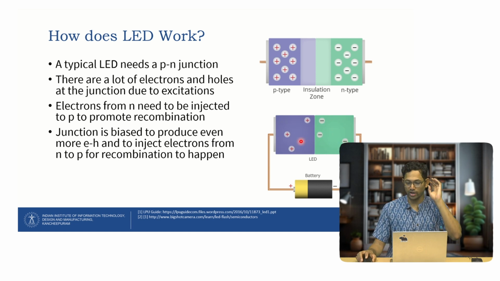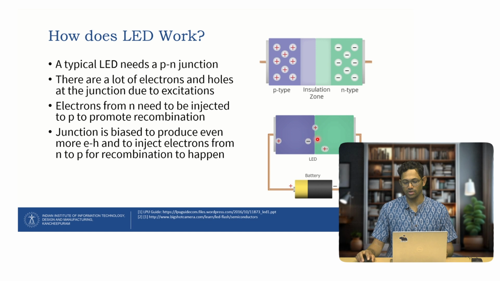Here you can see the electrons moving towards the left hand side and the holes moving towards the right hand side, and what you can see is a spontaneous emission. Here you can appreciate with this animation what a spontaneous emission is. The light is not generated in a single go. You can see that this photon is generated now, then over here, and then over here, and over here.